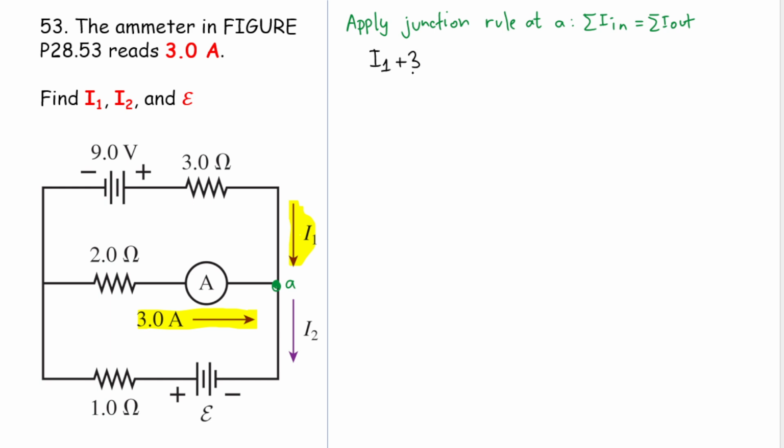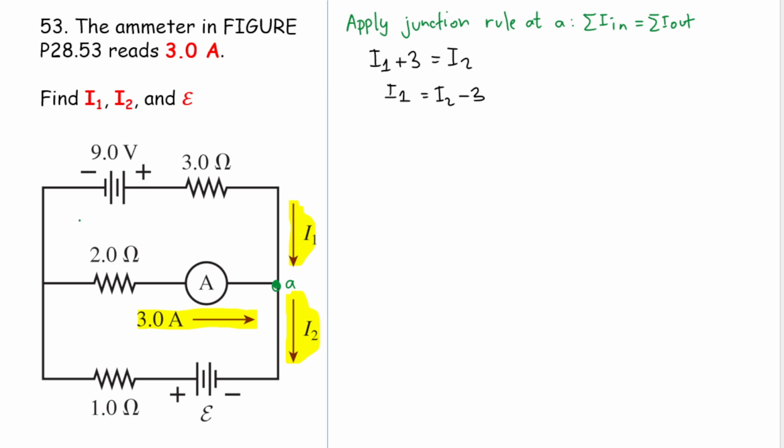And the current that goes out is only I2 here. So this will equal I2. Or I can isolate I1 here, so I1 will equal I2 minus 3. Good.